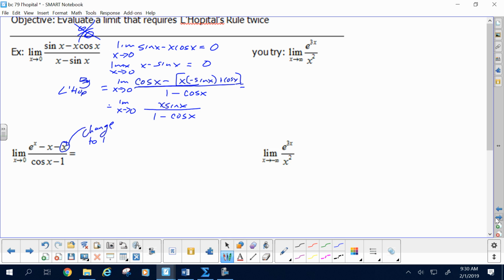So by that same process, we're going to show each individual limit. The limit as x goes to 0 of x sine of x is 0, and the limit as x goes to 0 of 1 minus cosine of x is 0. So by L'Hopital again, the original problem, and therefore the derivative problem, and therefore this new problem is equal to the limit of, what's the new derivative?